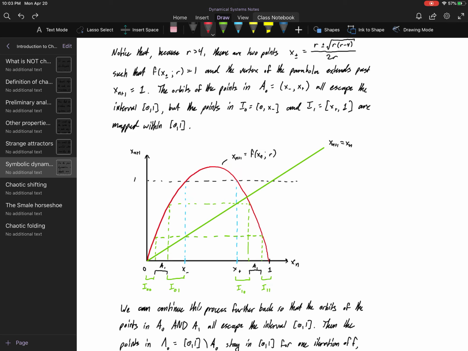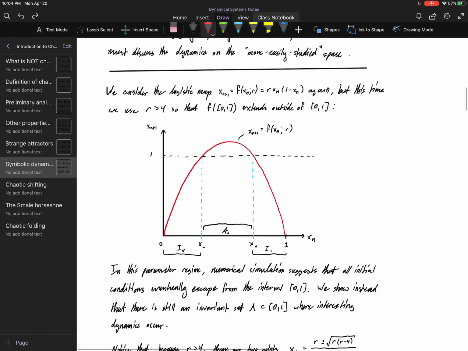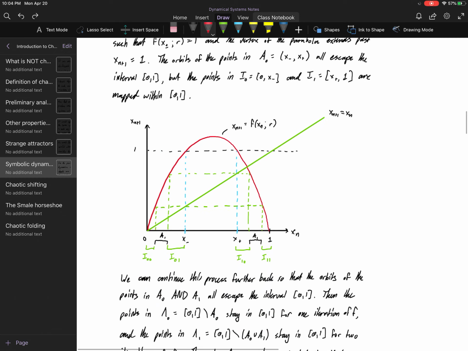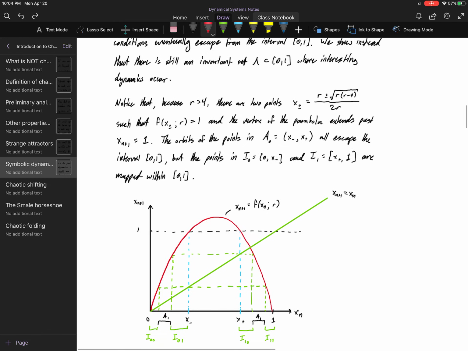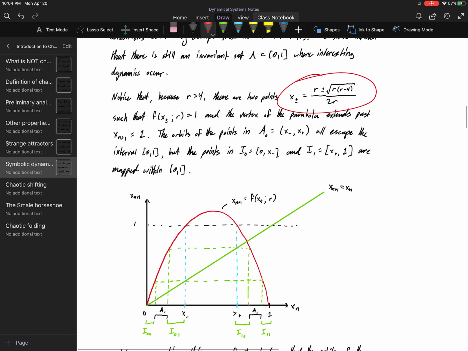So in this case, let's establish this rigorously: because R is bigger than 4, there are exactly two locations where this parabola is going to intersect the line x_{n+1} equals 1. If we track those back, get the pre-image of those points, then there are two points, x plus and x minus, given by these two values here.